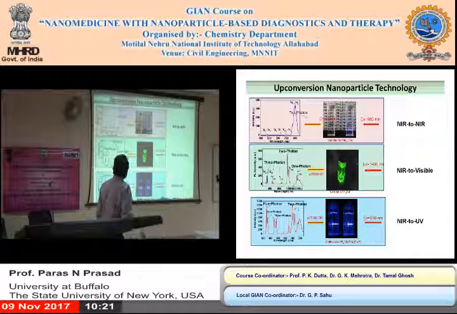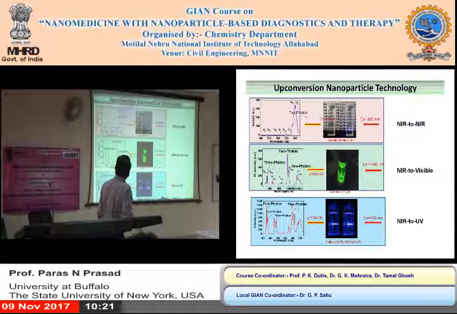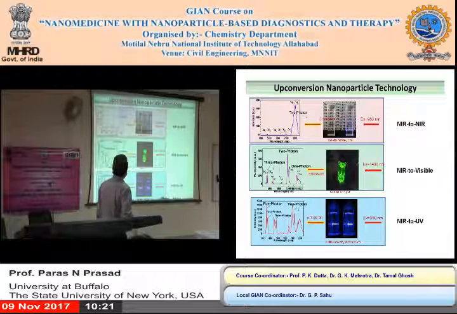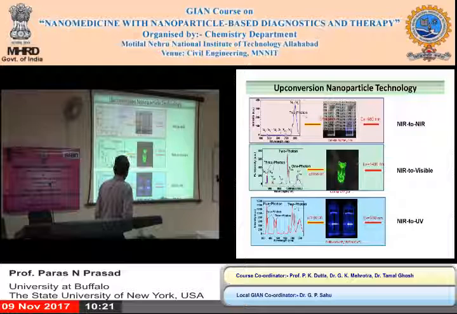So these are upconversion again, and you can take a CW laser, continuous wave, low power laser, like a handheld laser, which is in the invisible range, and convert it by 2 photon climbing to emit in the infrared, or you can take even deeper IR and convert that into green by a 3 or 4 photon process, or you can convert it into the UV.